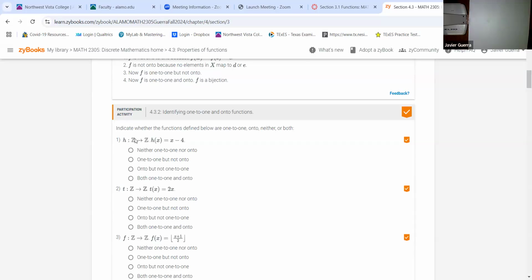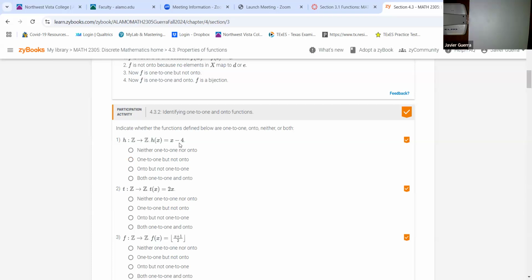Sometimes they don't have any signs on them, so you're supposed to consider both negatives and positives. If you have a plus, that means you're only considering the integers that are positive. If it's negative, only the integers that are negative.